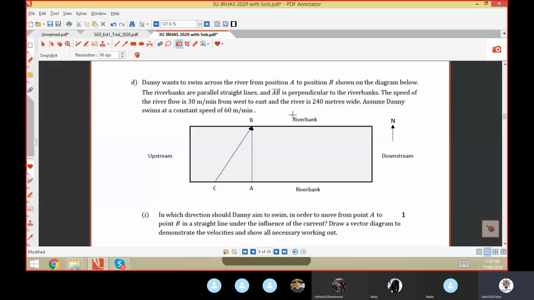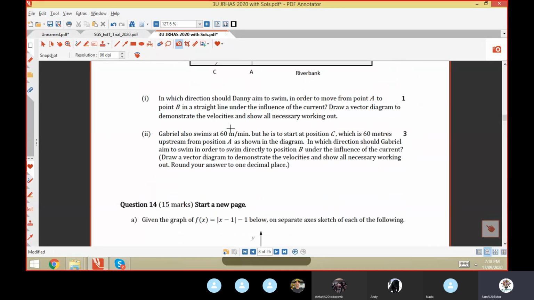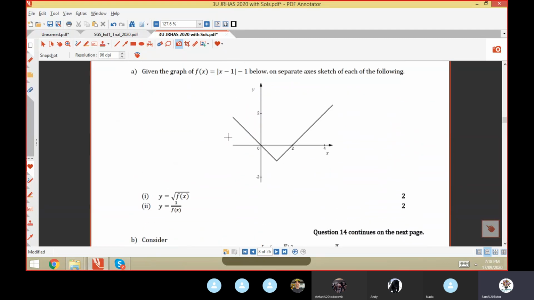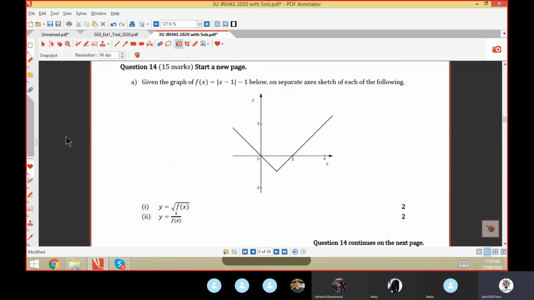This is the one I believe will be in this year's HSC exam. I've already told the Year 12s. Let's hope they study it. All right, there's your graph. 2 marks each. Do the square root and do the reciprocal.